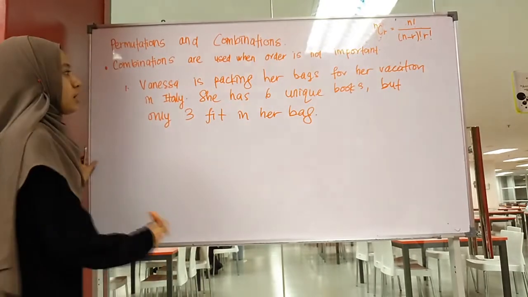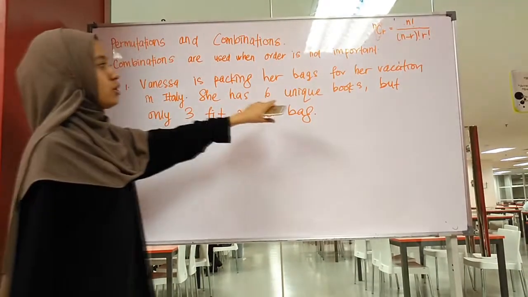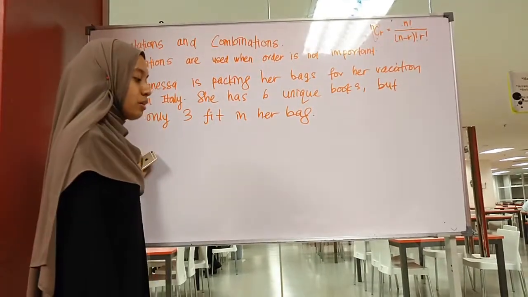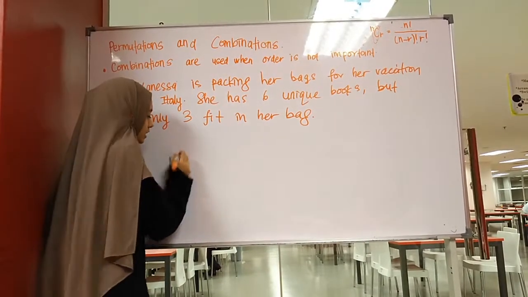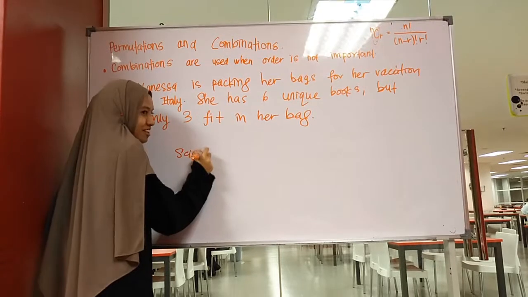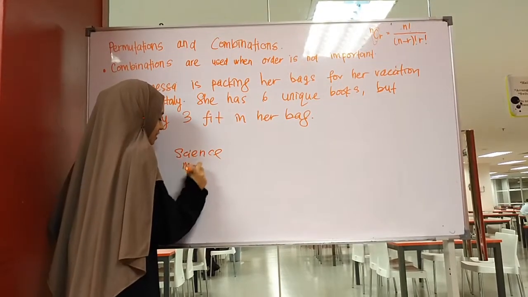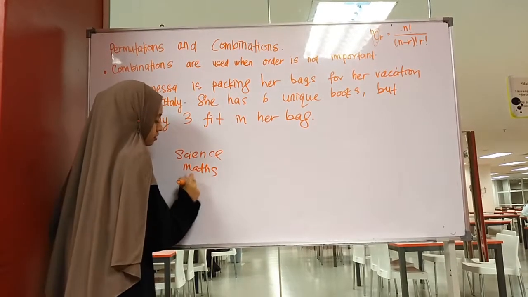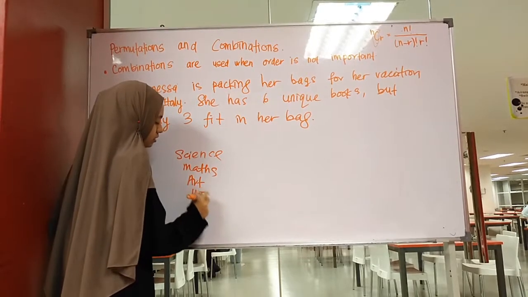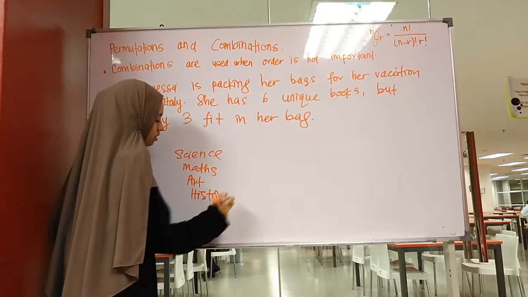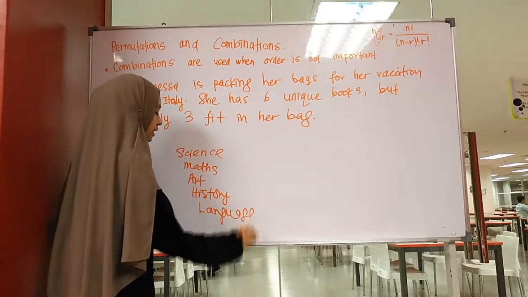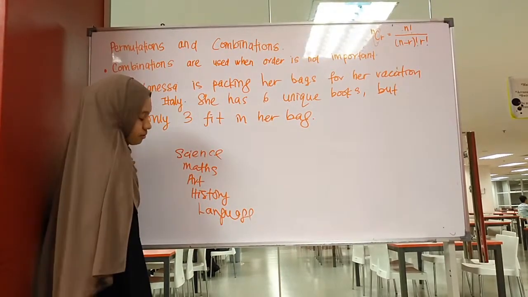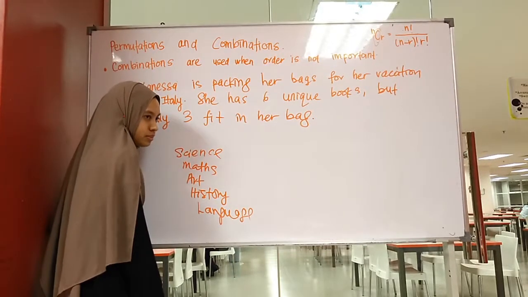Right now, Vanessa has 6 unique books, but she can only fit 3 books. So for example, if she has a science book, unique, right? Maths, arts, history, or language, any language. And lastly, what else? Can you give me an example?